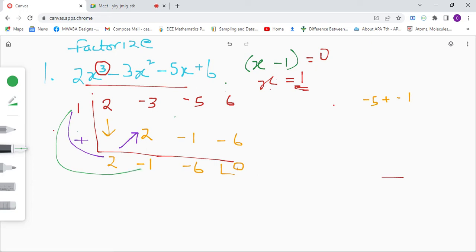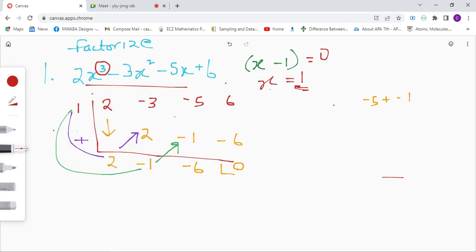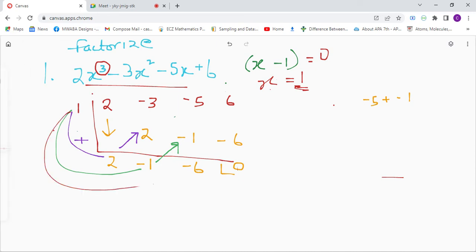Then again 1 times negative 1, we get negative 1. Then negative 5 plus negative 1, that's the same as negative 5 minus 1, we get negative 6. Then 1 times negative 6, we get negative 6. 6 plus negative 6, we get 0.